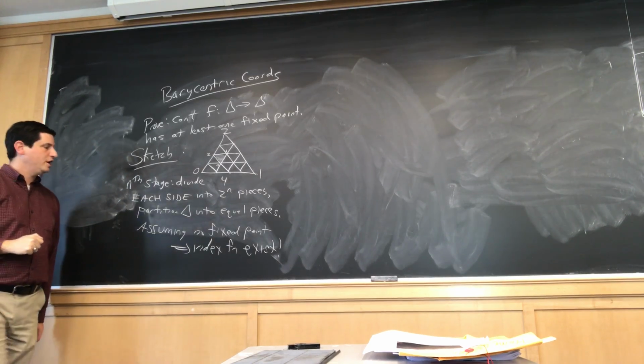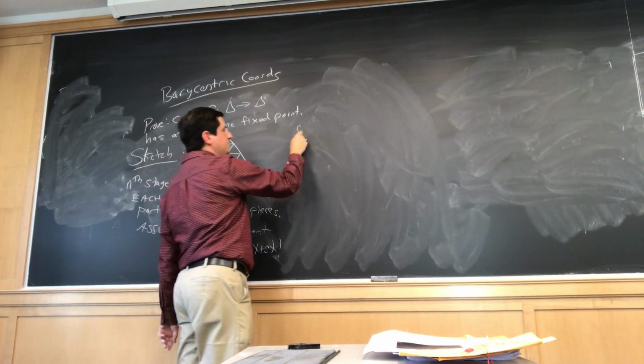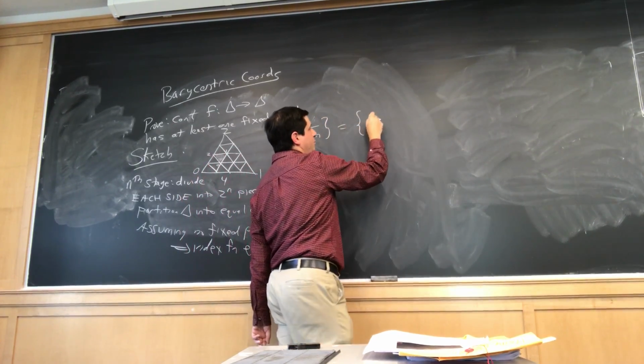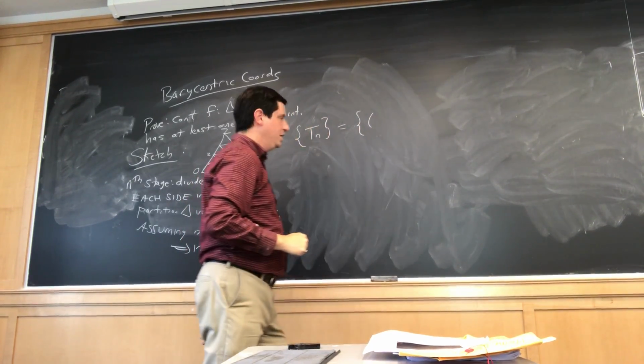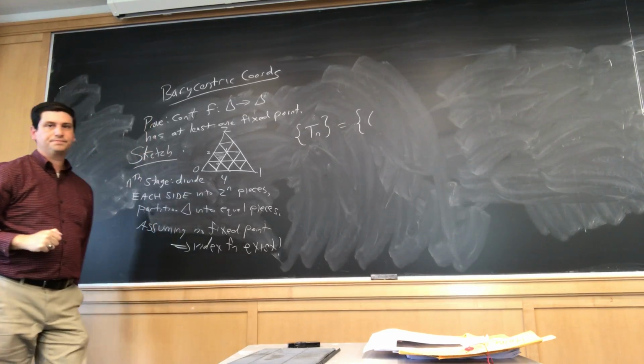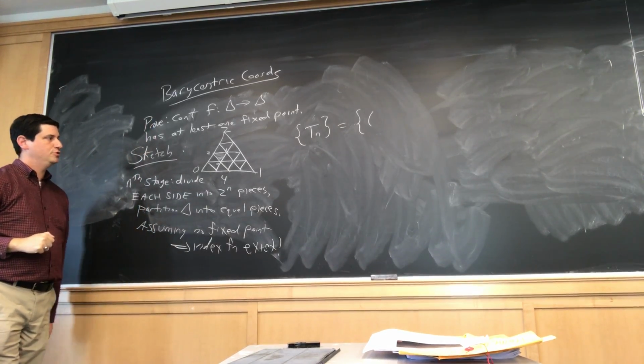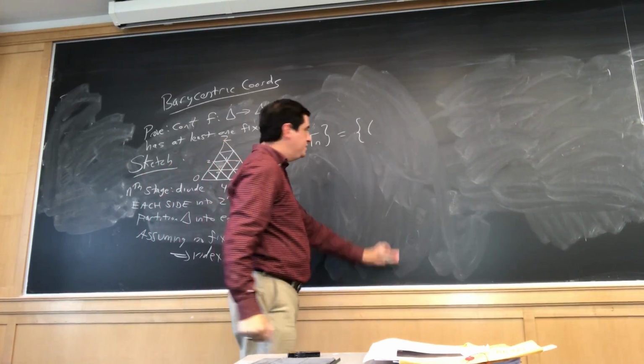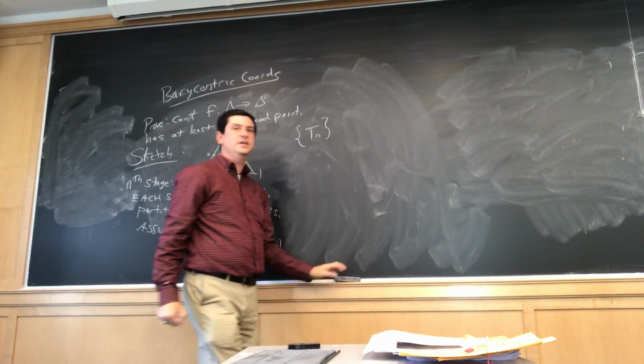And we'll call that triangle Tn. So we get a sequence of triangles Tn, and each one of these, if you want, you can write them as a triple, just the coordinates if you want. Is it true that each Tn is contained in the previous?